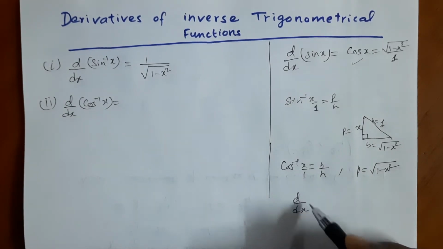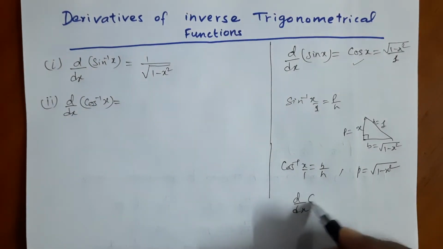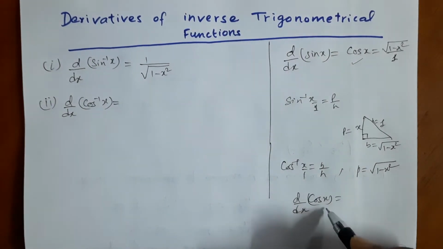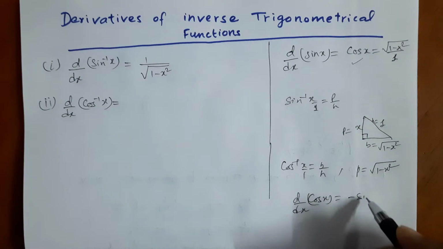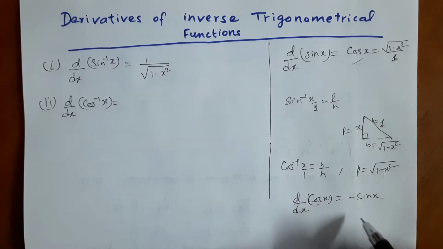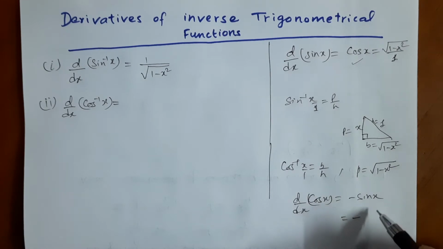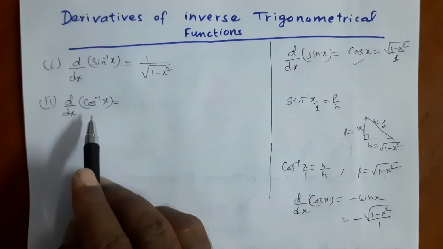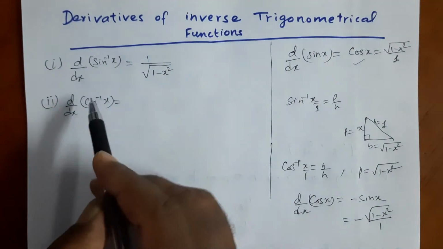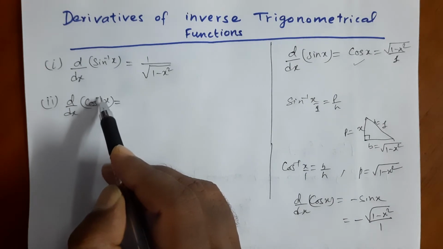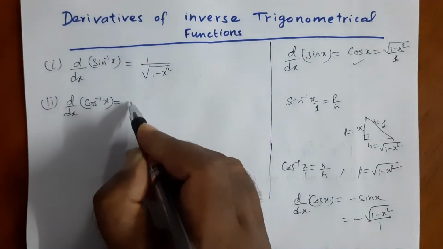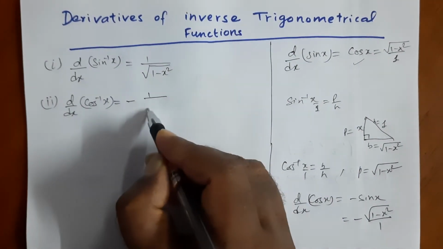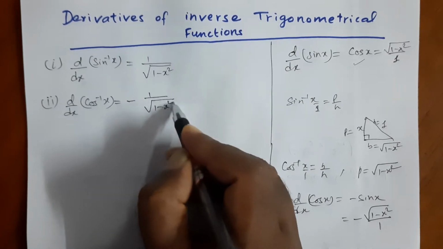Here we have cos inverse, so we should take the cos derivative. The cos derivative is minus sin x, and minus sin x will be p over h. P is root over 1 minus x square, h is 1, but we need the inverse circular function. Inverse means just opposite, so we take the reciprocal of this, so that it is minus 1 over root over 1 minus x square.